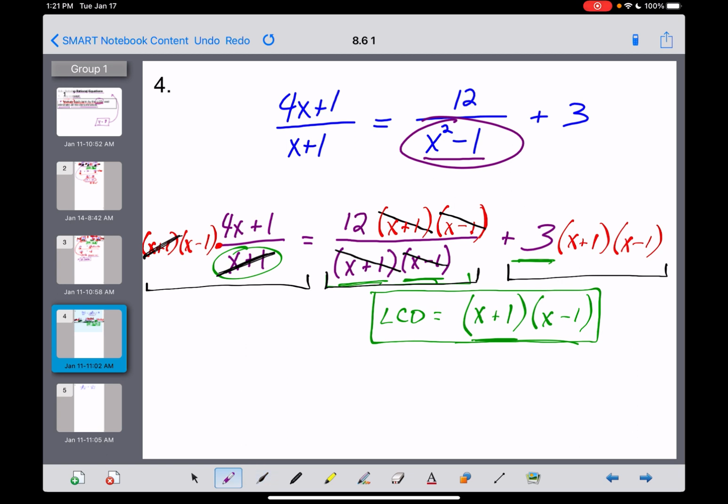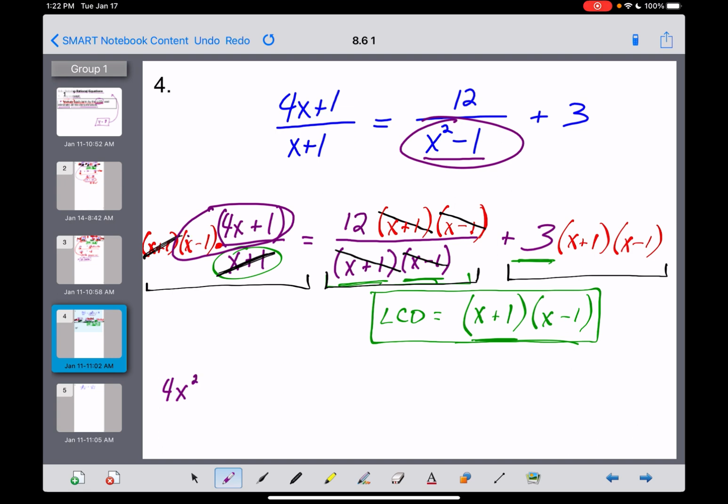Okay, so now it's time to multiply out everything that's left. And what's left from the first term are these two binomials being multiplied together, x minus 1 times 4x plus 1. And how do we multiply two binomials? FOIL. First, outer, inner, last. So the first product, x times 4x, is going to be a 4x squared.